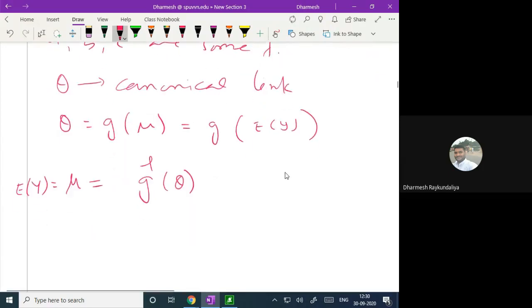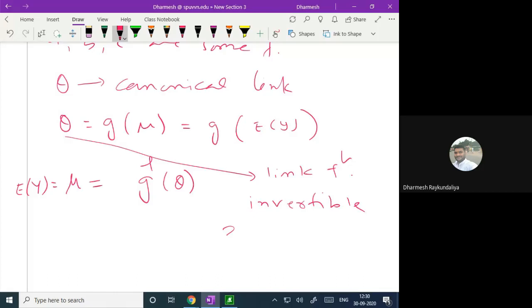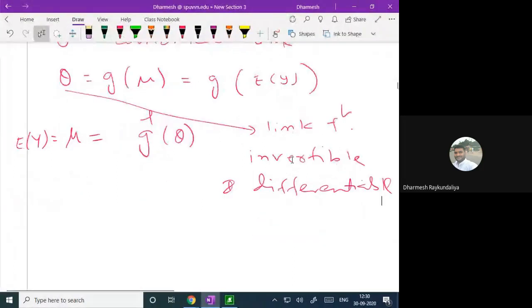So whatever link function you have, it is invertible and differentiable. Whatever link function you obtain, it is an invertible and differentiable function.